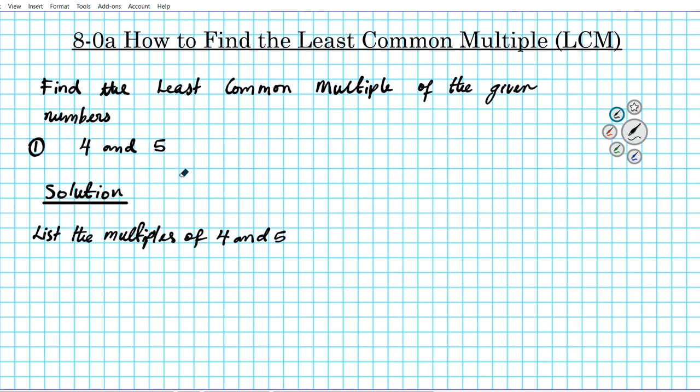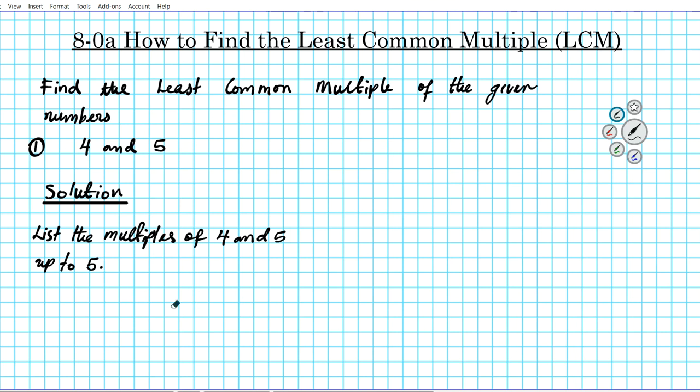But if we find a common multiple in the process of listing the multiples of the bigger, we can just stop there because we don't need to go any further. Okay, so list multiples of 4 and 5 up to 5 to start.